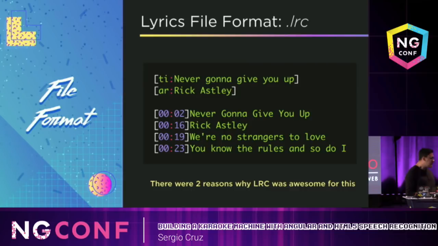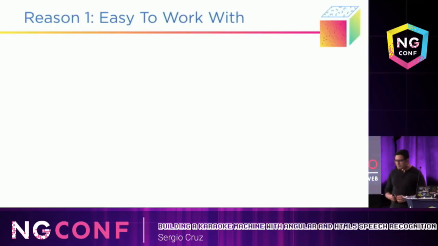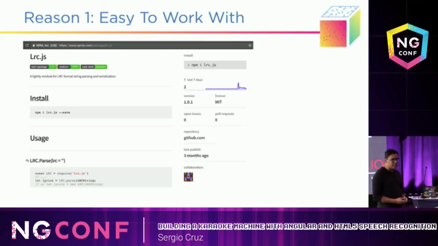Now, there were 2 main reasons why I thought LRC files were such a good solution to this app that I was trying to build to show the lyrics on the screen. The first reason is because they're really easy to work with. They've been around for a long time, tons of tools available for them.